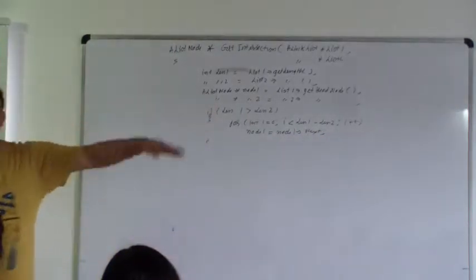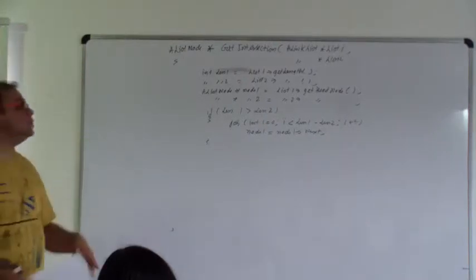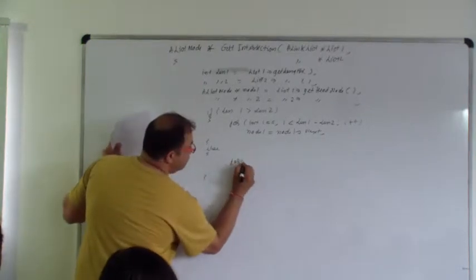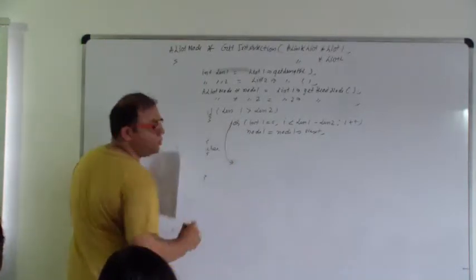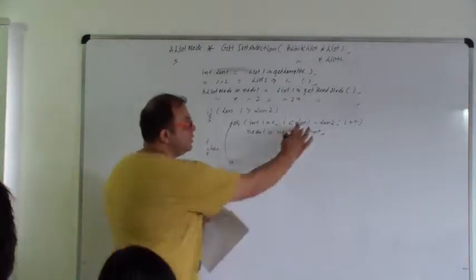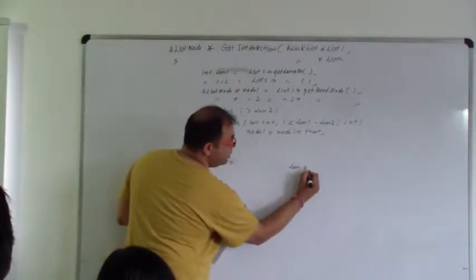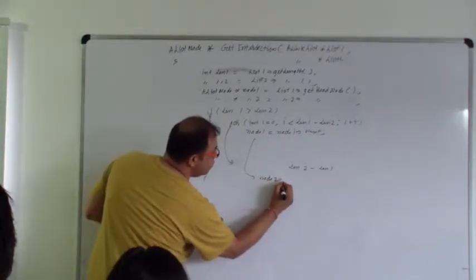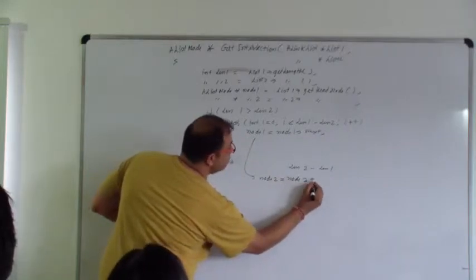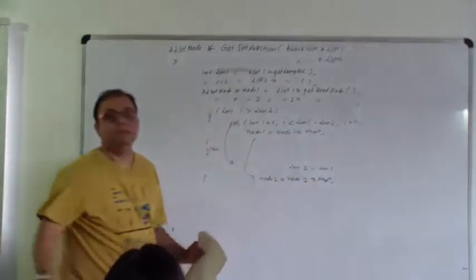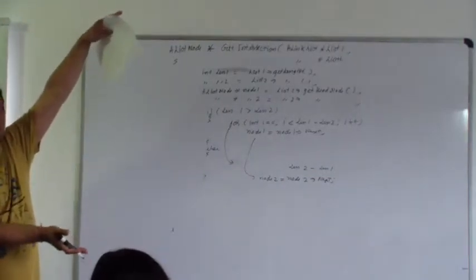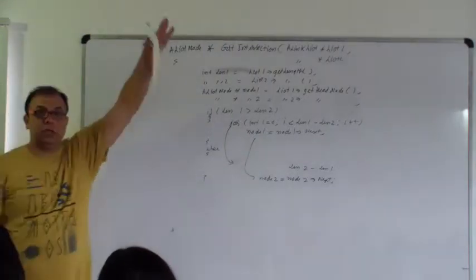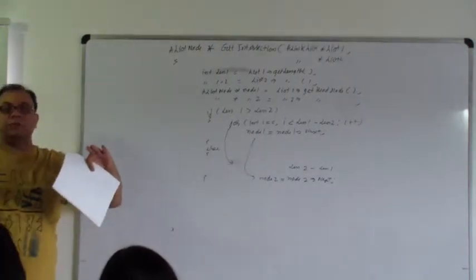So we will increase node1 if the length of node1 is greater, else we'll have the same thing over here with length2 minus length1, and this will be node2 is equal to node2 arrow next. So at this point, if the first length was bigger, we moved node1 by the difference. If the second was bigger, we moved that one by the difference.